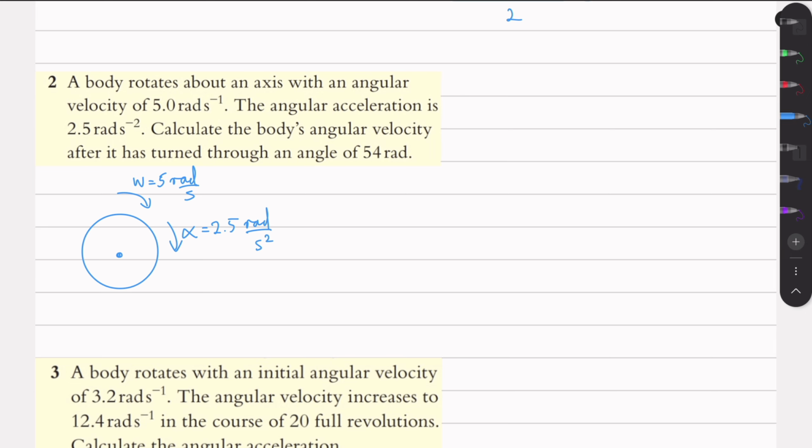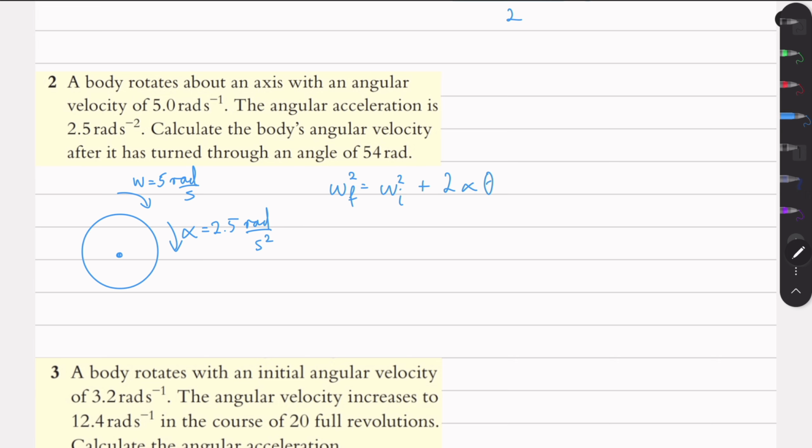And here again, in kinematics, we have the equation v squared is equal to u squared plus 2as. Here we have the identical one, only with rotational quantities. So the final angular speed squared is equal to the initial angular speed squared plus 2 times the angular acceleration times the displacement, which in this case is an angle.